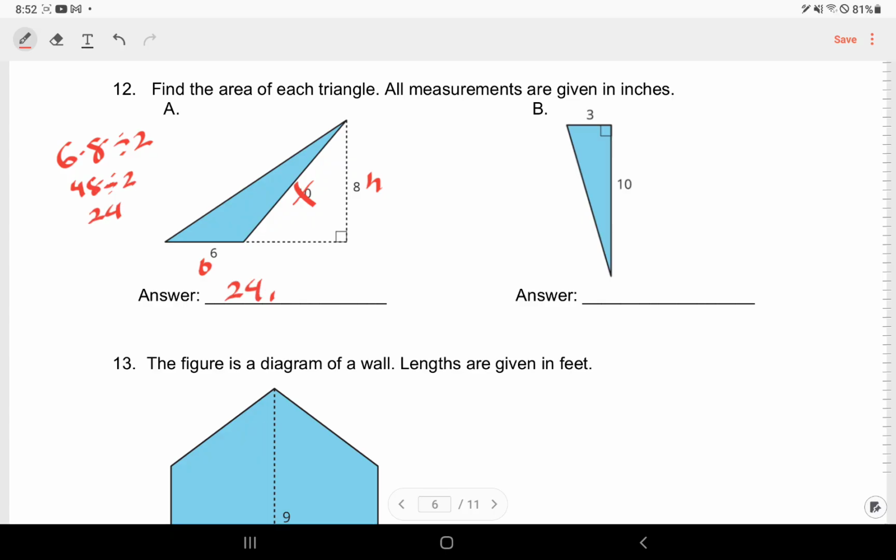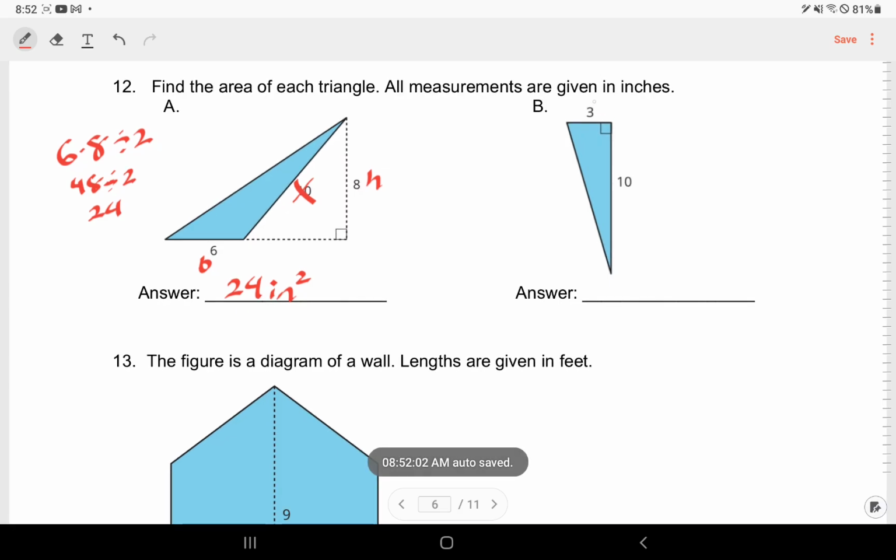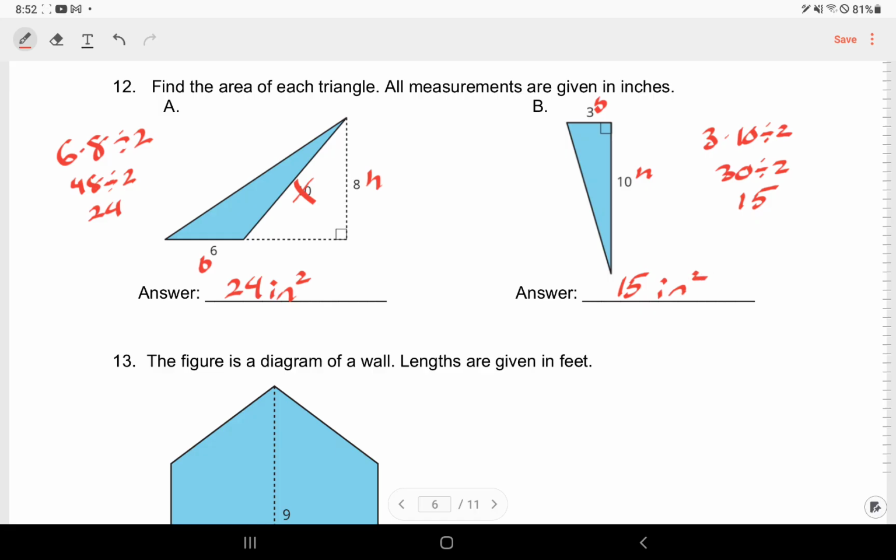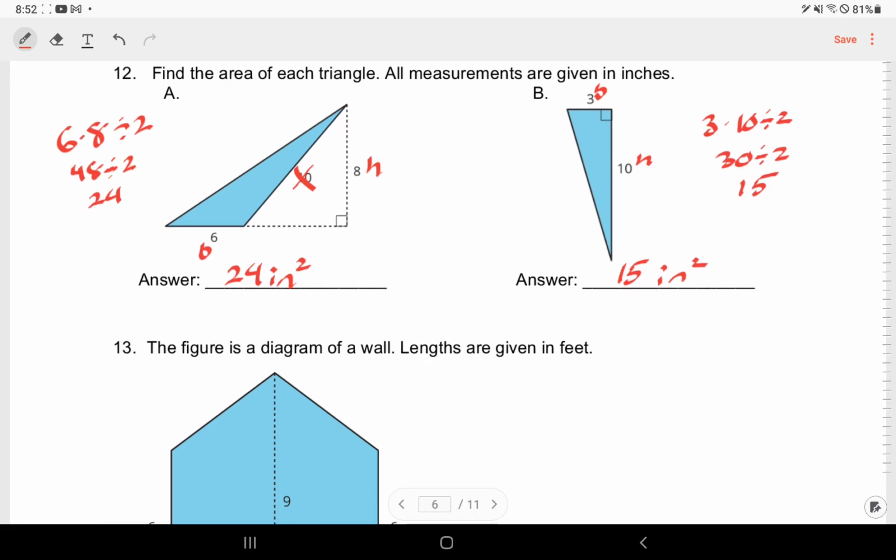So 24 inches squared. Base, height, so that's 3 times 10 divided by 2, 30 divided by 2, so 15 inches squared. Nice and simple.